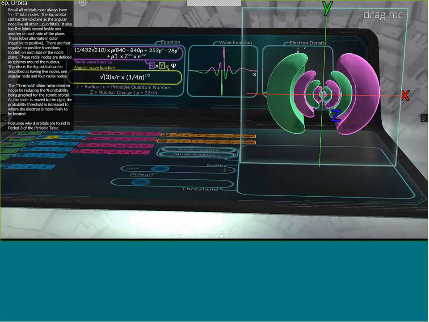So here's one radial node, a second radial node, a third, and a 4th radial node to come to 5 nodes total in this 6p orbital.